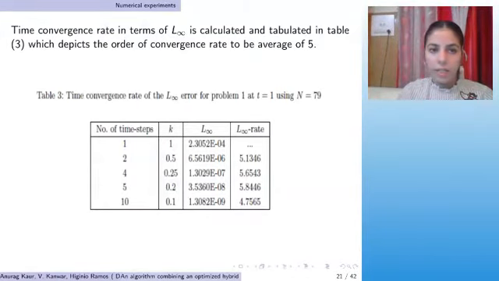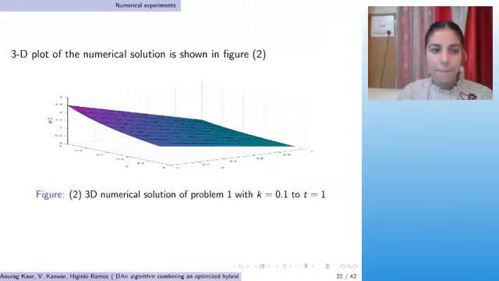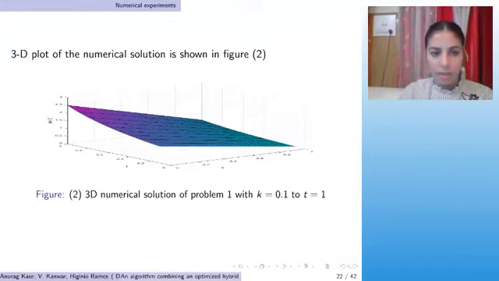Time convergence rate in terms of L infinity is calculated and tabulated in table 3, where you can see that the order of convergence rate is around an average of 5. A 3D plot for problem 1 is given in figure 2, till time t equals 1.